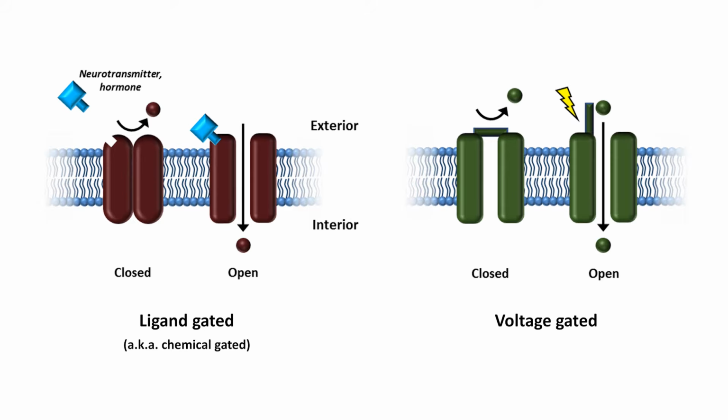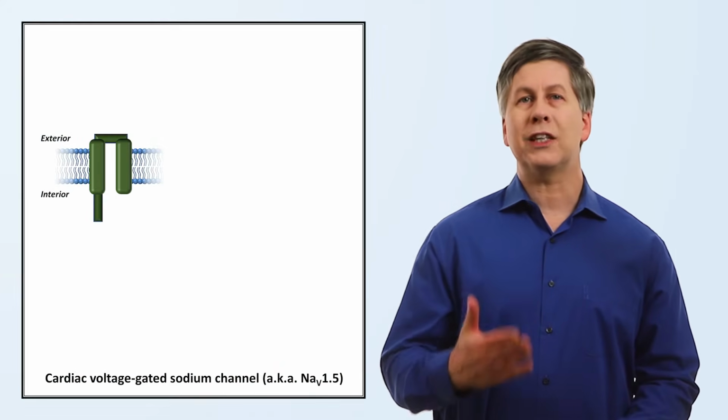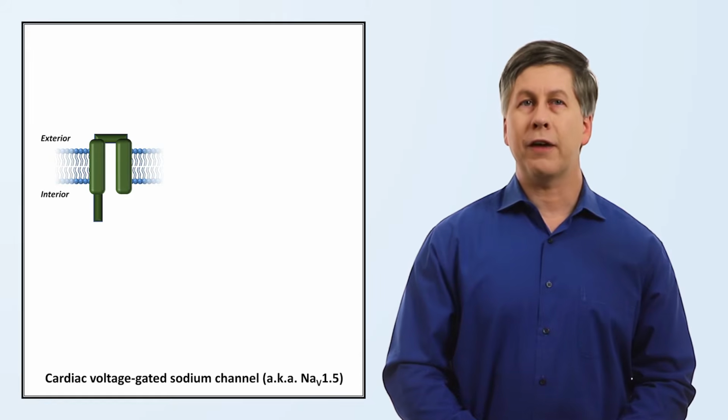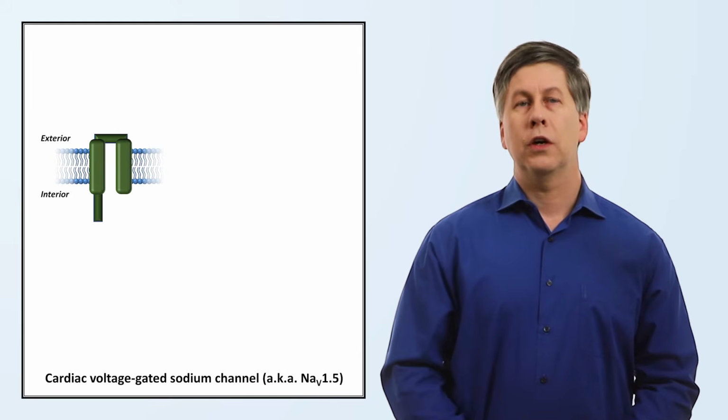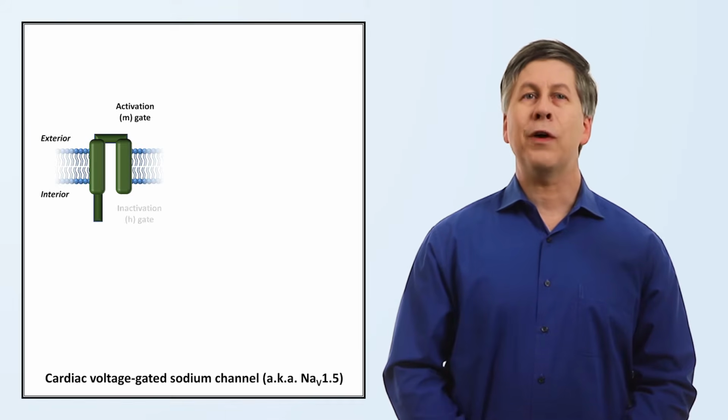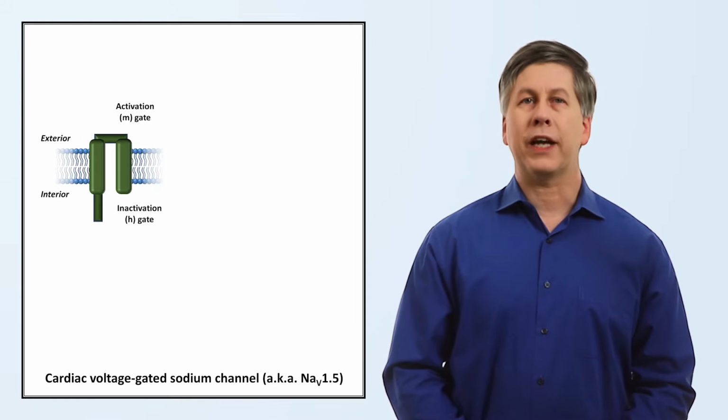An individual channel can even have more than one type of gate, which respond to different stimuli, or which respond to the same stimuli but with different effect or with different kinetics, meaning speed. For example, the cardiac voltage-gated sodium channel, formerly known as NaV1.5, has two voltage gates, one designated the activation gate, or M gate, and the other the inactivation gate, or H gate.